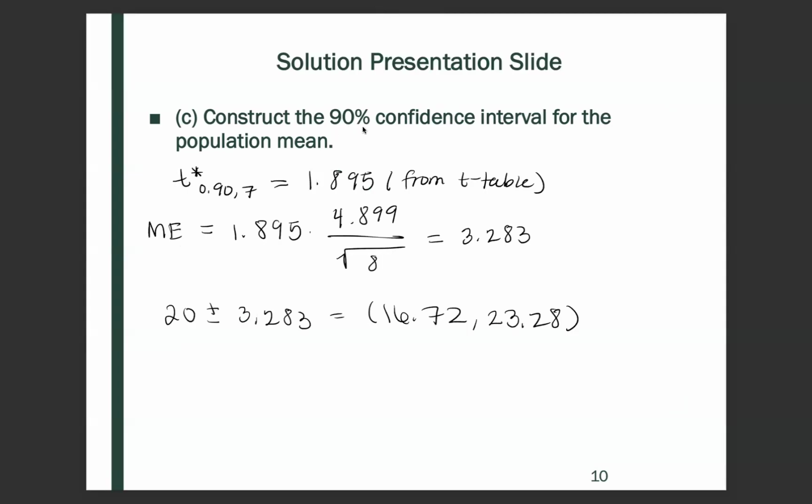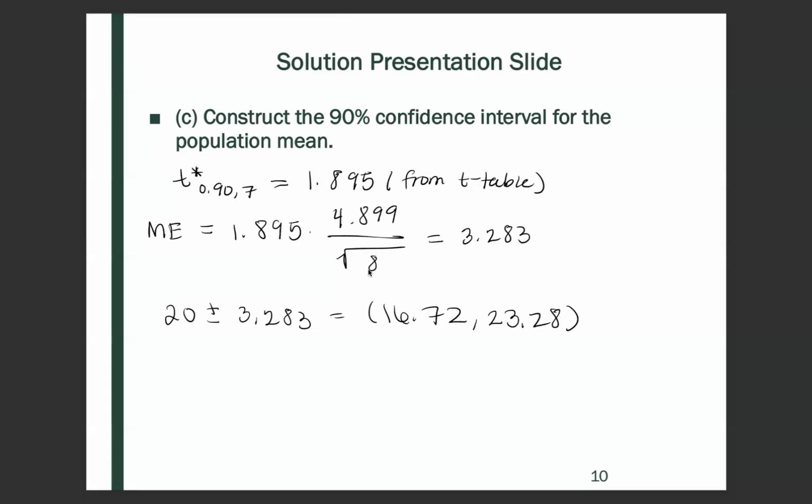To construct a 90% confidence interval for the population mean, now our t star is going to change our critical value because now our confidence level changed. So now this is going to be t.9, but our degrees of freedom is still the same because our sample size is the same. So we get a different t star, which is 1.895, but our sample standard deviation stays the same.